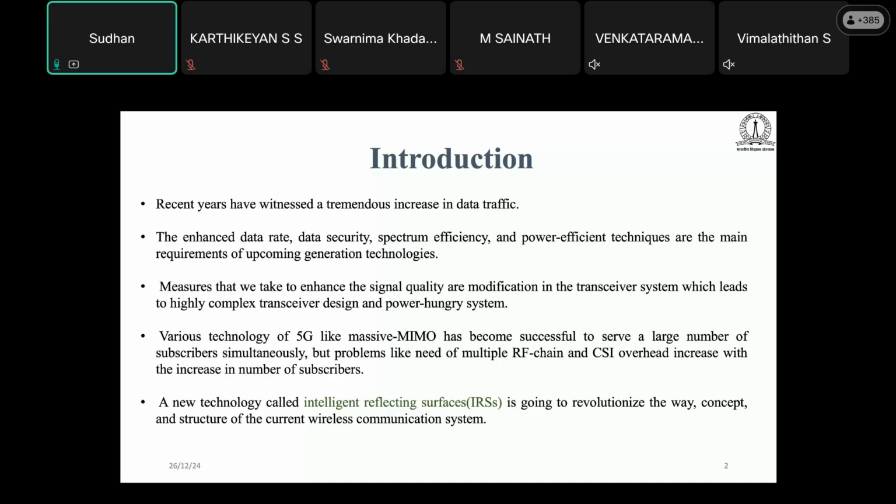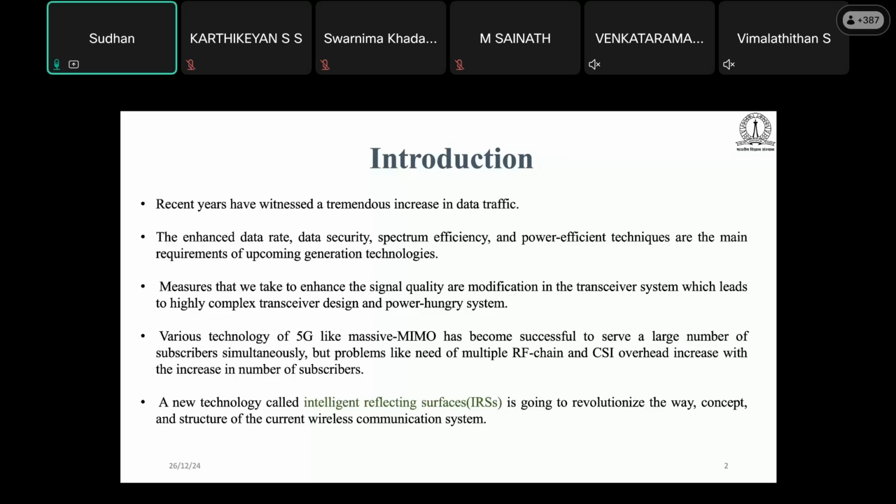Most of the time, if we need to increase the data rate, then we need a very power hungry system like MIMO. We need more number of antennas. More antennas means more RF chains, and it is well known that RF chains are power hungry.